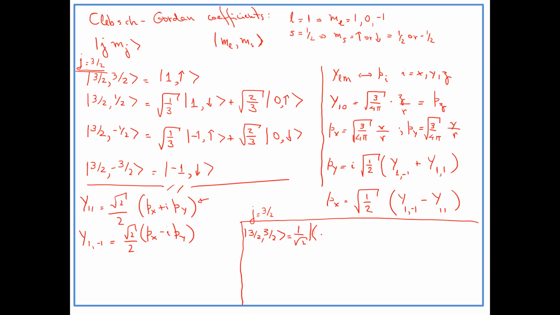So the spatial part is px plus i py, and the spin part is spin up. Similarly, the 3/2, 1/2 state is going to be 1 over root 6 of (px plus i py) spin down, plus square root of 2/3 pz spin up.